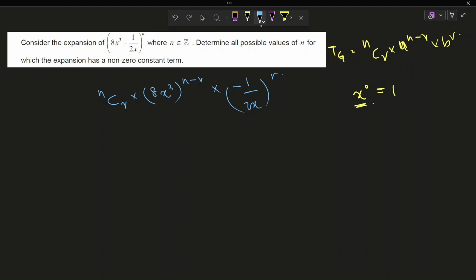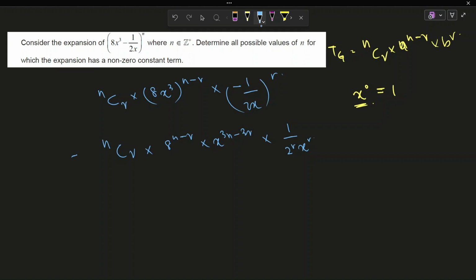So let's distribute our powers and simplify our whole numbers to make it more simplified and simpler to understand. nCr cannot be simplified. 8 to the power n minus r times x to the power 3n minus 3r, because the power gets multiplied, times 1 over 2 to the power r times x to the power r. Now, I'm going to take the minus over to this side, and let's see.